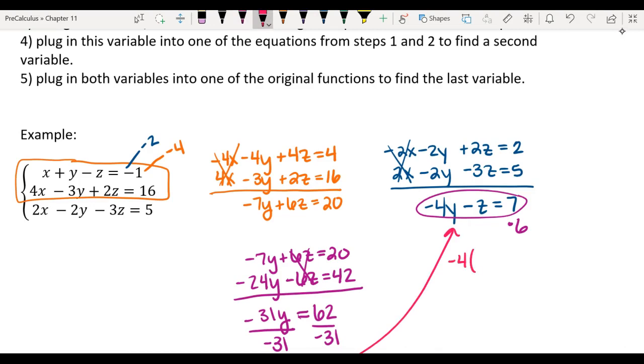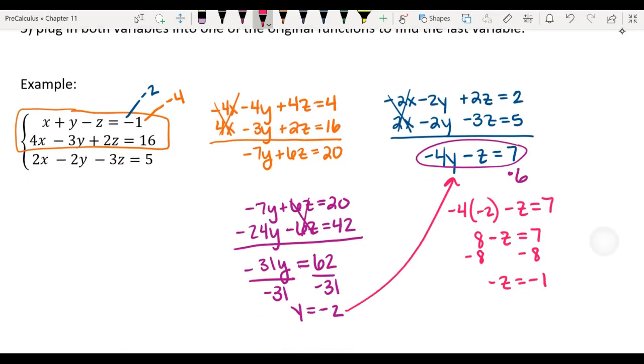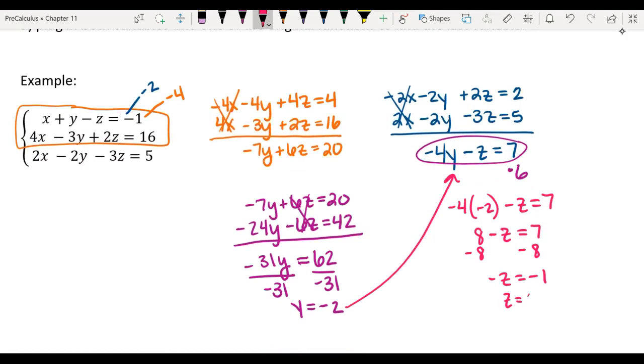I get negative 4 times negative 2 minus z equals 7. Negative 4 times negative 2 is 8, minus z equals 7. Subtracting 8, it means negative z equals negative 1, which means z is just 1, correct? So we have y and z now, correct?